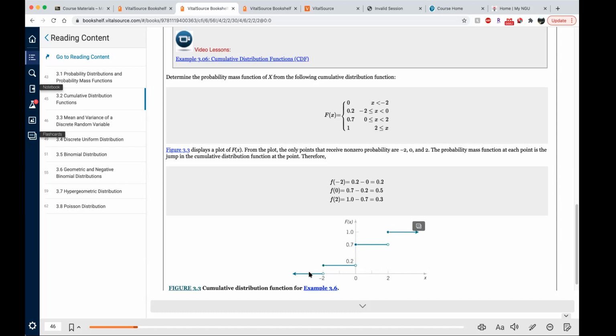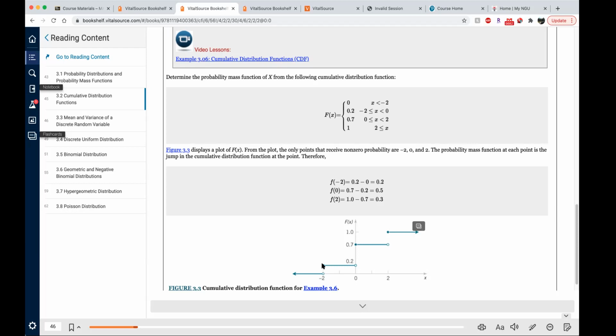The CDF must be 0 for any x value from negative infinity up to, but not including, -2. And when x equals -2, the PMF has the value 0.2. That's why the CDF jumps to 0.2.